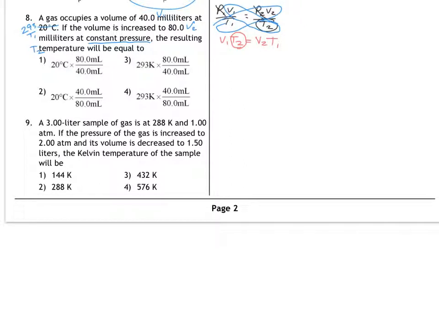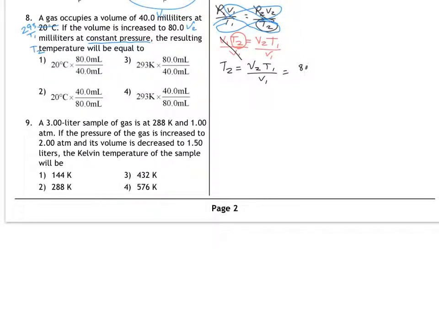So this leaves me with the equation V1 T2 is V2 T1, which will transform further to isolate T2. And you just need to divide both sides by V1 at this point. And you can see that the V1s will cancel on the left. So we just have T2 is V2 T1 over V1, and we can substitute values that we know.